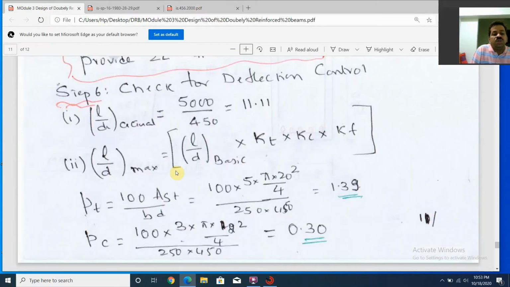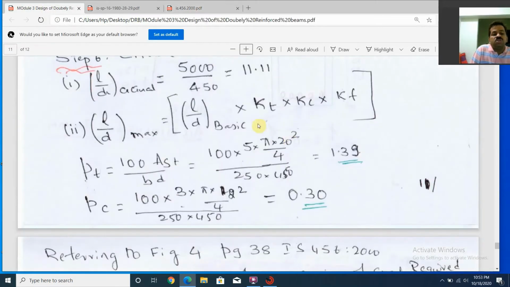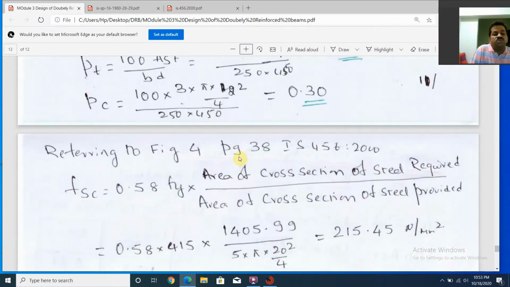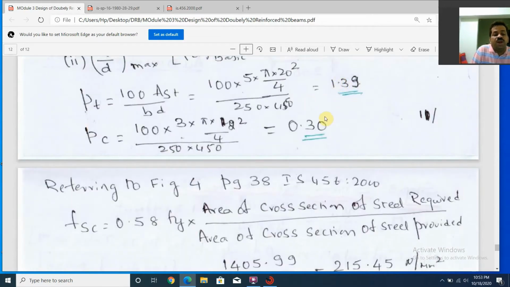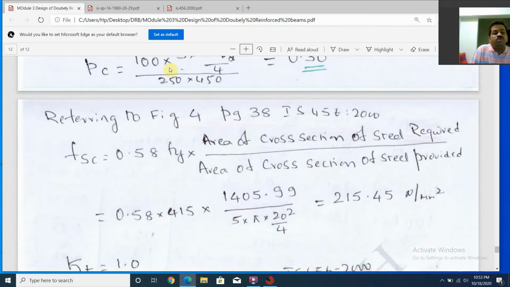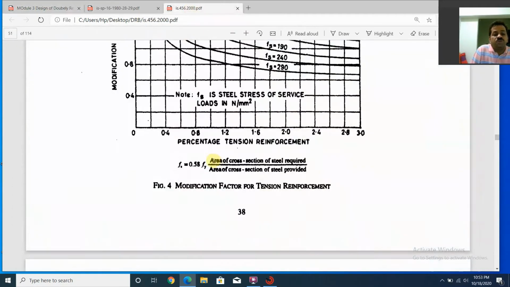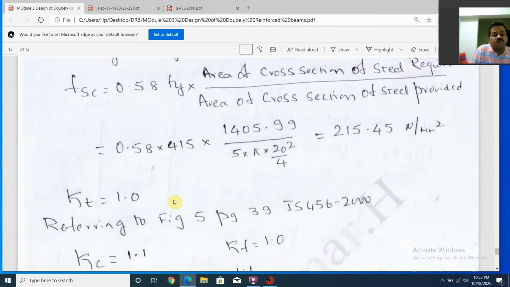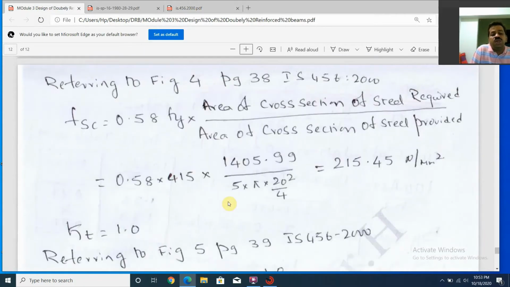Here I worked out the area of the steel by B into D, and the percentage of tension reinforcement I got is 1.39, the percentage of compression reinforcement I got is 0.3. Referring to figure 4, which I explained here using the equation, I have calculated the value of Fs. You got 215.45 Newton per mm square.